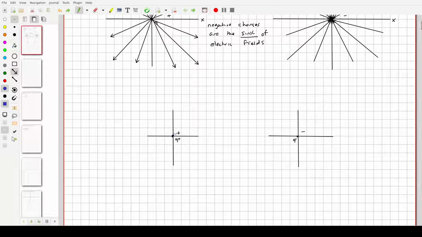So if I were to draw that right there as being just one field line of the electric field coming from the positive one, radiating outwards like this. And I'm going to use red for negative. And that would be about here.